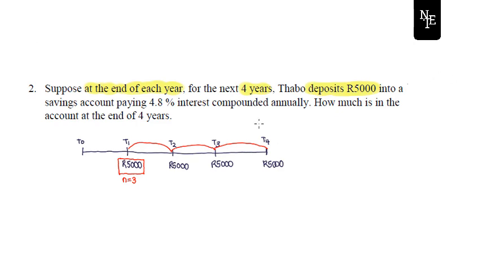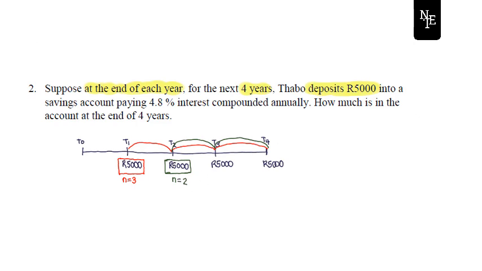And then when you look at the second 5,000 Rand that we deposit, it sits in this account for 1, 2 compounding periods. So the N for this 5,000 Rand is only 2.